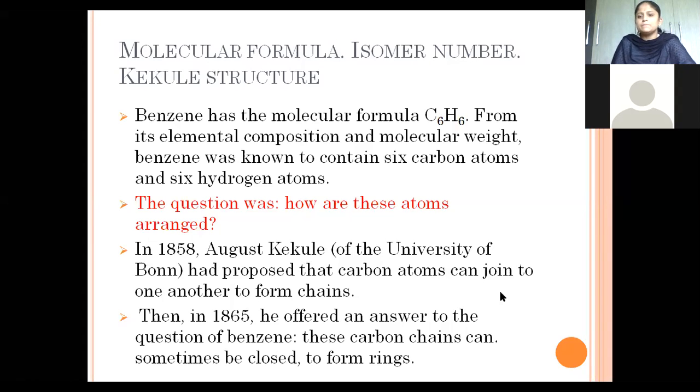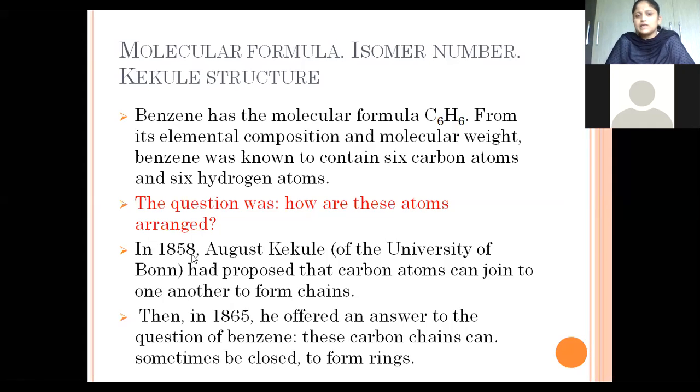to form a chain. See, he put forth that carbon has a tendency to join with each other to form a chain. And again, in 1865, he also offered an answer to the question of benzene. These carbon chains can sometimes be closed to form rings. See what he has proposed.